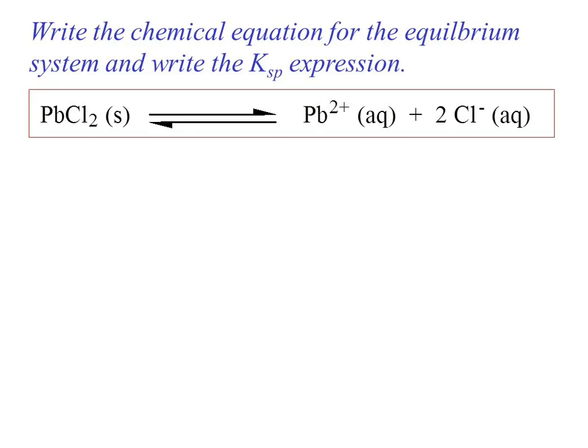So the equilibrium constant expression, again ignoring the solid, is just the molar concentration of lead 2 times the molar concentration of the chloride squared. This is another time when it's really easy to lose that 2. That 2, of course, is the coefficient from the chloride ion.